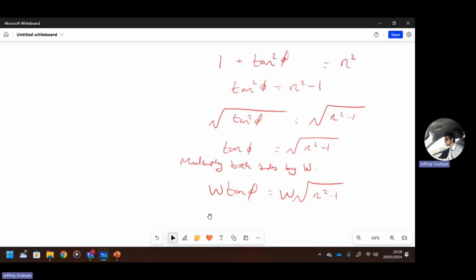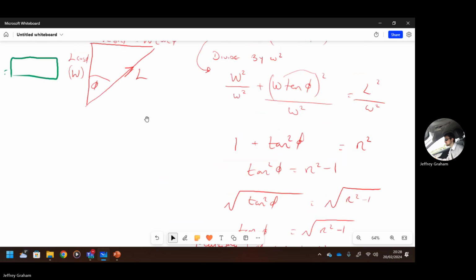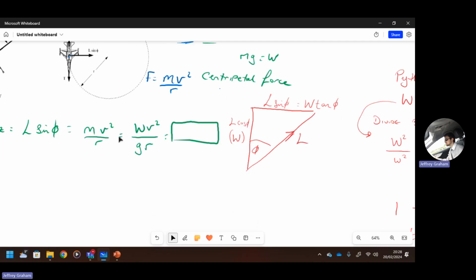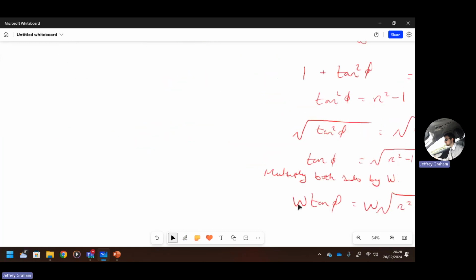Because this is now in terms of the weight, W tan phi is the same as L sine of the bank angle. It's the whole point of doing that.